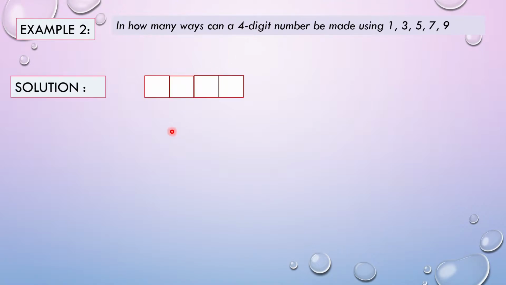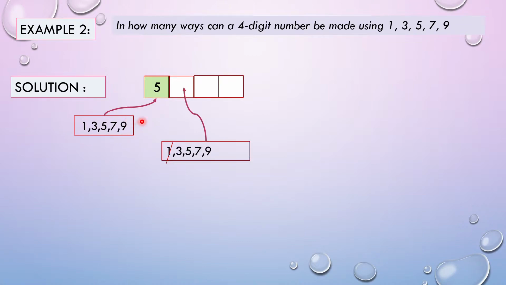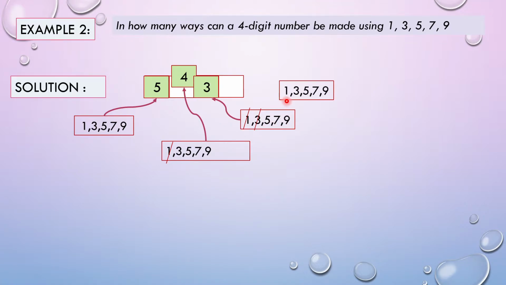In order to form a 4-digit number, we prepare 4 empty boxes. Here we don't have any condition, so for the first box we have 5 options. For the second box we have only 4 left, followed by 3 and 2.